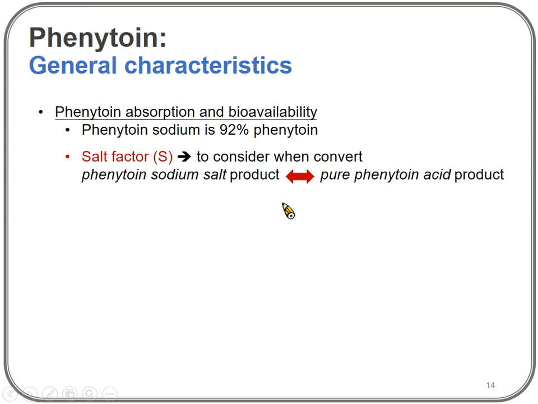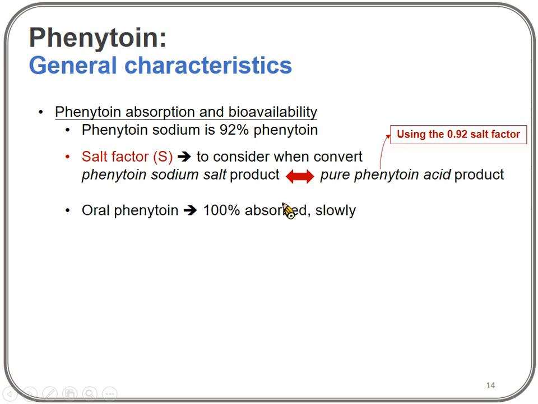So we need a salt factor if you need to convert the phenytoin sodium salt product to its pure phenytoin molecule. So remember to multiply by 0.92 as a salt factor. And the oral form of phenytoin is normally 100% well absorbed.